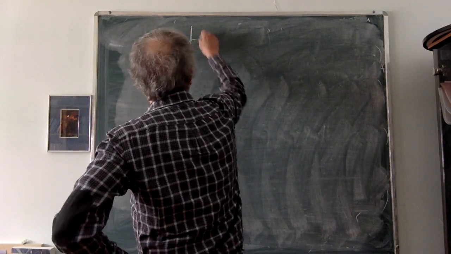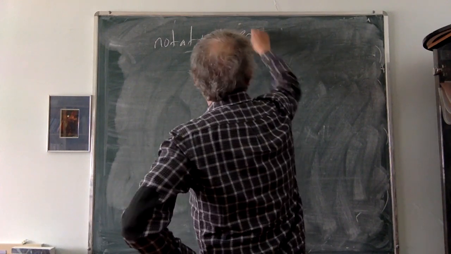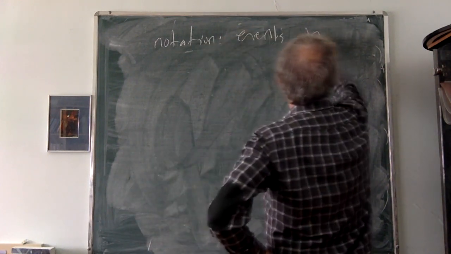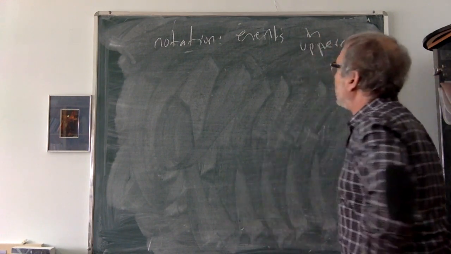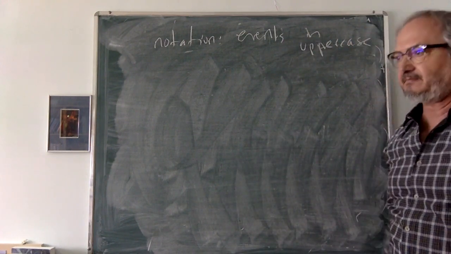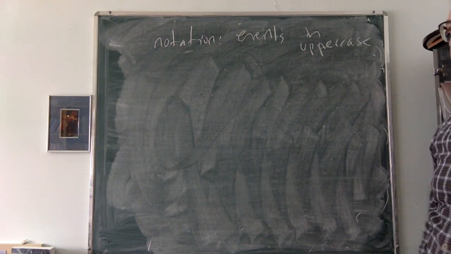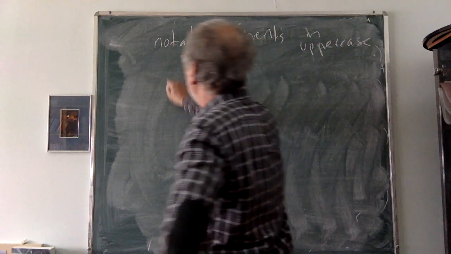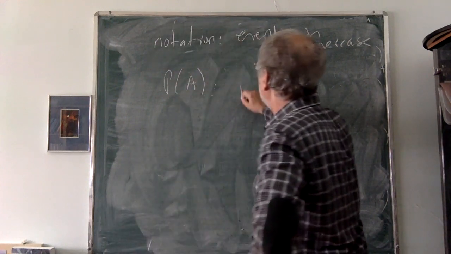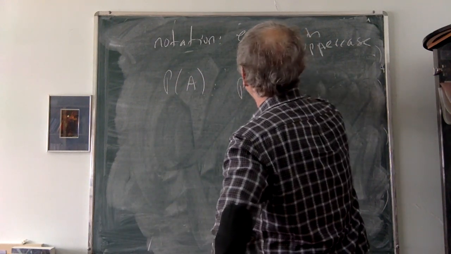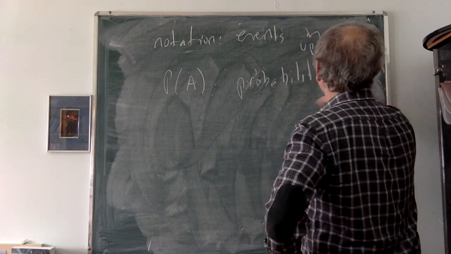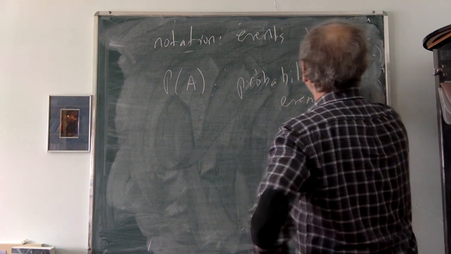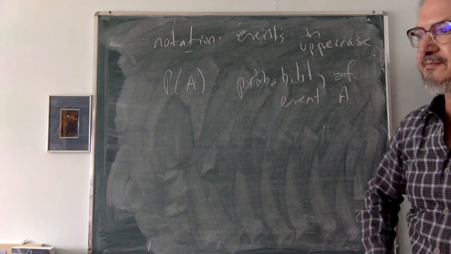So notation. There's a tendency to write the events in uppercase. And this is called the probability of an event. Okay.